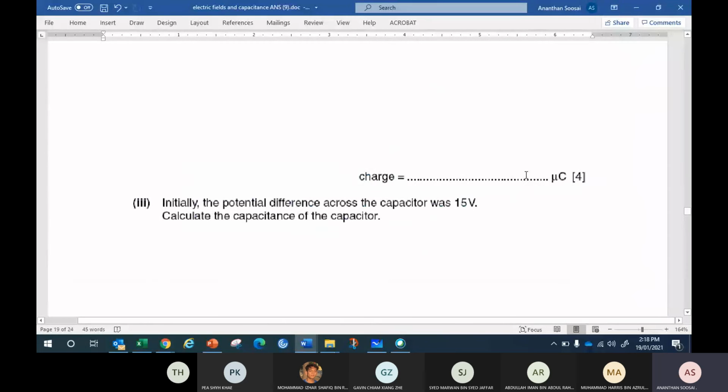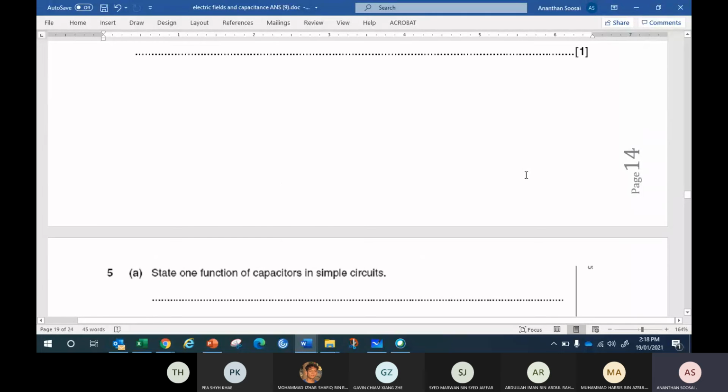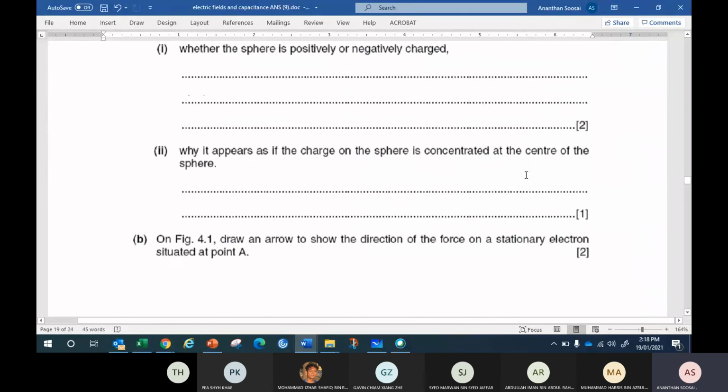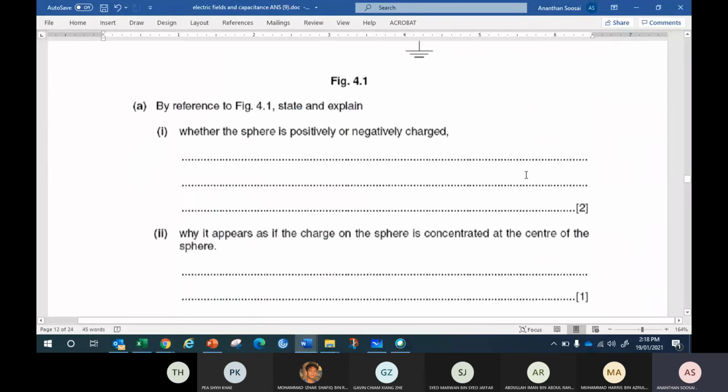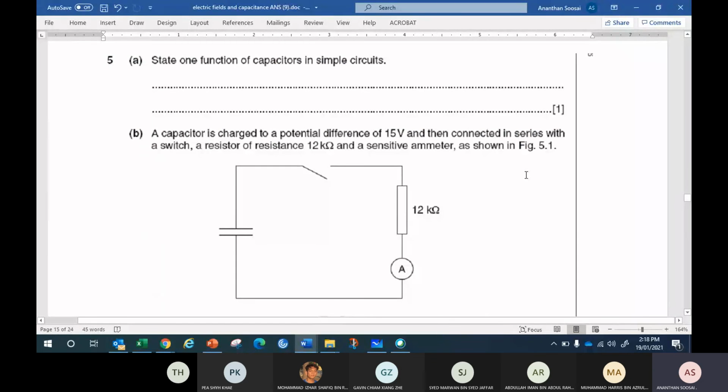Okay, this electric field. Okay, we go to this question. This is your November 7. Okay, question 5. Okay, again, guys, read the question, think, suggest me an answer.